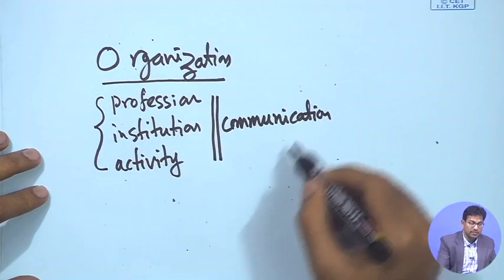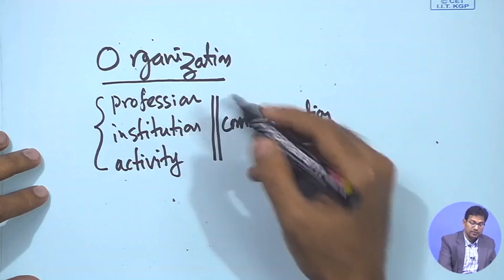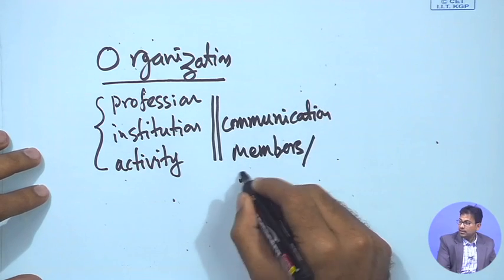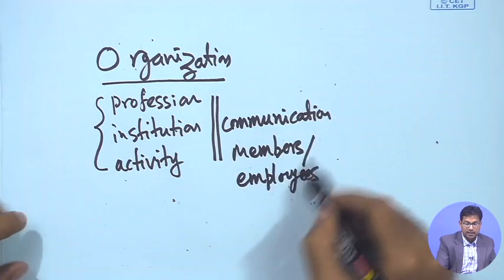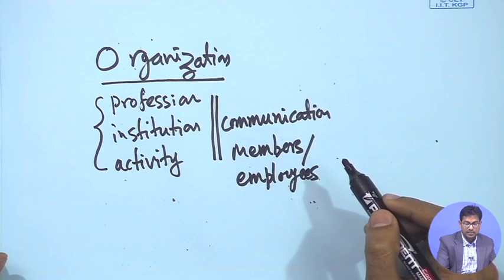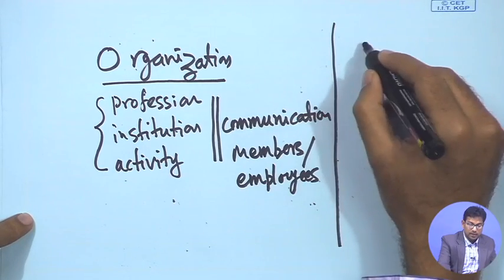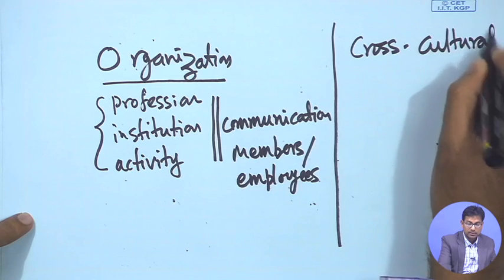So, the organization has a different organizational communication for communicating with different members and employees within that organization, whereas the other aspect which comes into picture is the cross-cultural communication.